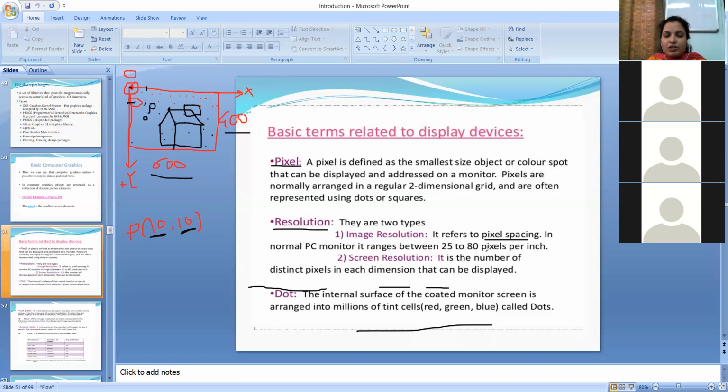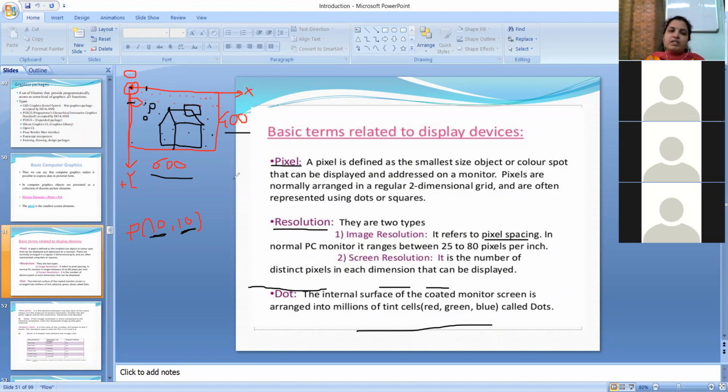Are you getting my question? Image resolution is nothing but the number of pixels present in an area of 1 inch. Consider that in this 1 inch, I can have pixels ranging from 25 to 80.